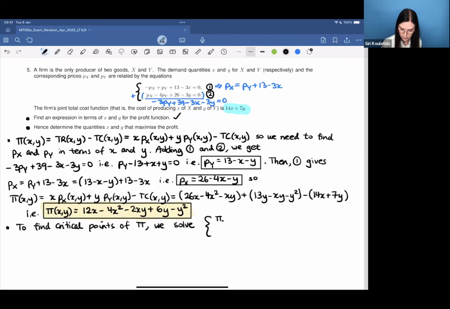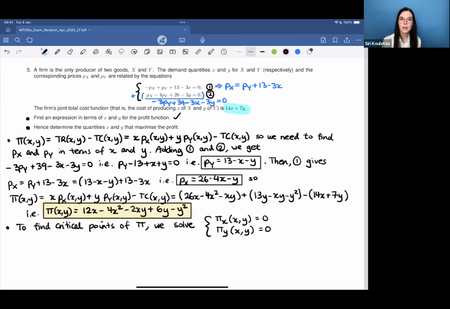And remember that these are the first order partial derivatives of the profit function set equal to 0. So yet another simultaneous system of equations that we need to solve.